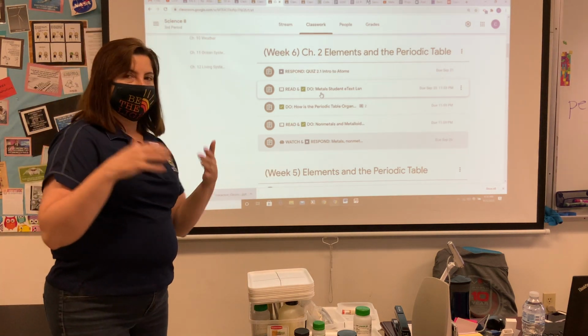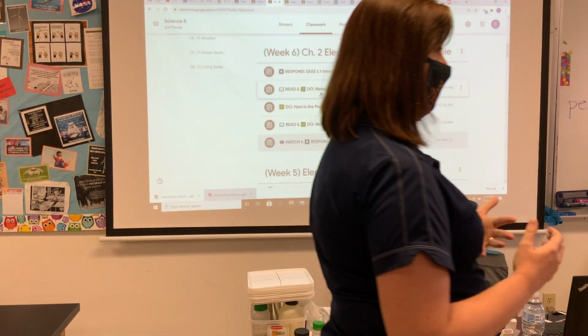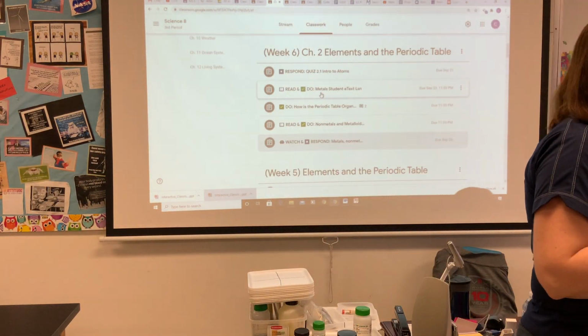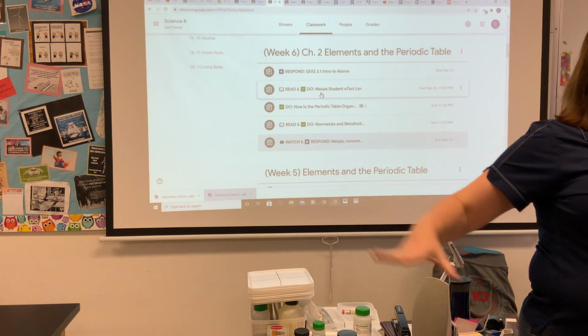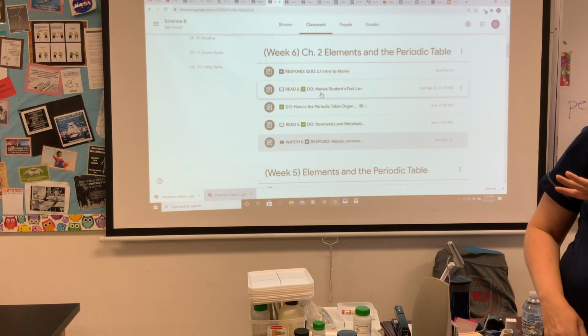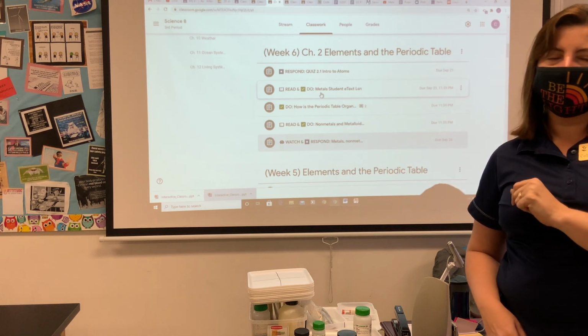So this is the last of the material from chapter 2, where we're looking at metals and non-metals. They're seen in some ways as opposites on the periodic table. You'll find metals take up a good majority of the left side of the periodic table.